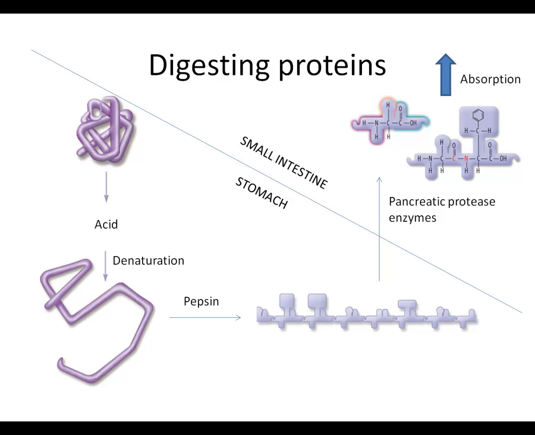And in this form, with 1, 2, or 3 amino acids chained together, the intestine is able to absorb amino acids at that level. One point I wanted to make here is that if the proteins are not denatured in the stomach, then none of this takes place. And what will happen is the proteins will just pass through the digestive system and out of the body.